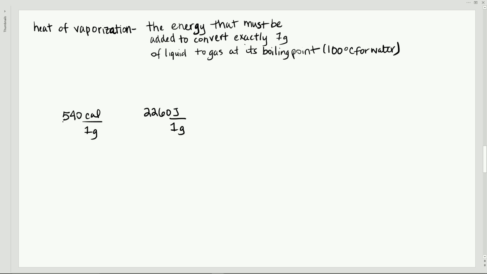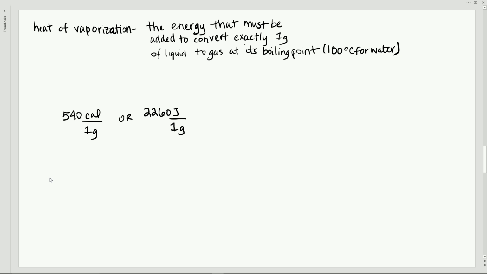So again, we can write them either way, 540 calories per 1 gram, or 1 gram per 540 calories, vice versa. So either one of these units is a unit of energy, just like we talked about in the previous videos, calories and joules. So now let's do some practice.